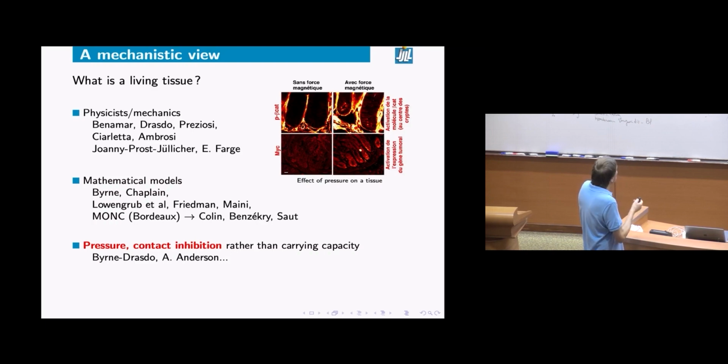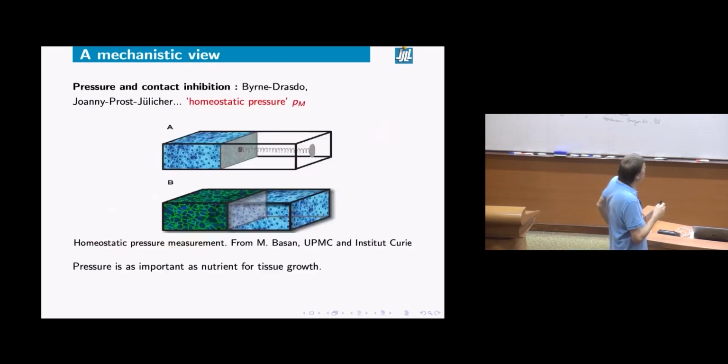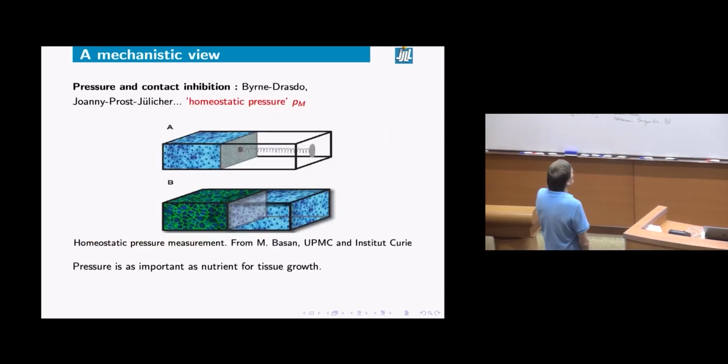So if there is only one thing to keep in mind, it is that the real picture of a living tissue is a fluid. Our organs are fluids, and they are run by pressure. How did they do that?